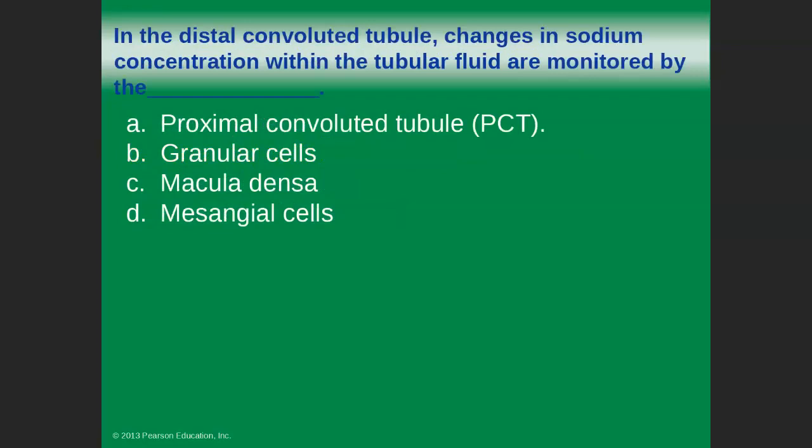In the distal tubule, changes in sodium concentration in the tubular fluid are monitored by what? Macula densa. Those are the macula densa cells. Remember, that's part of the tubuloglomerular feedback mechanism, where your sodium levels dropping can signal the afferent arteriole, and that will cause release of renin.